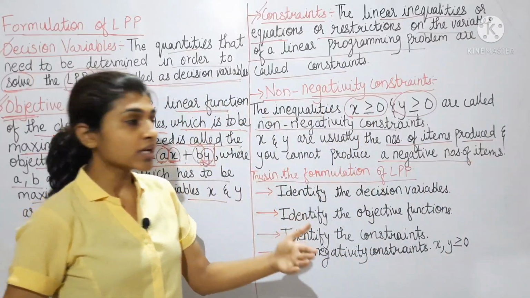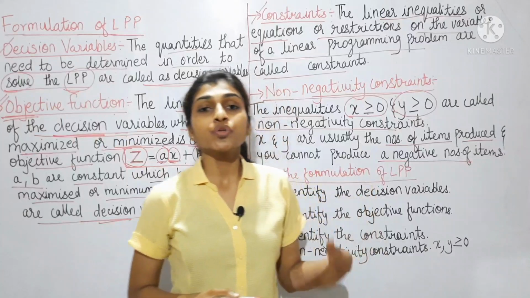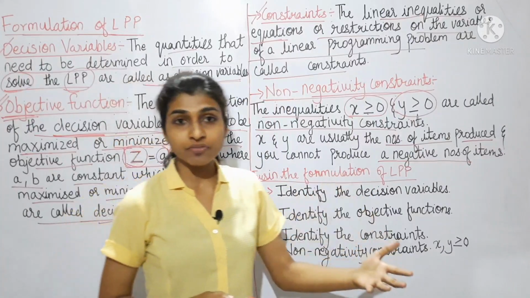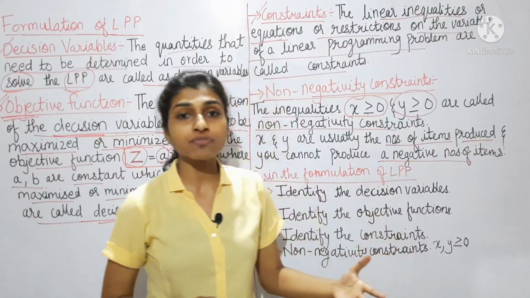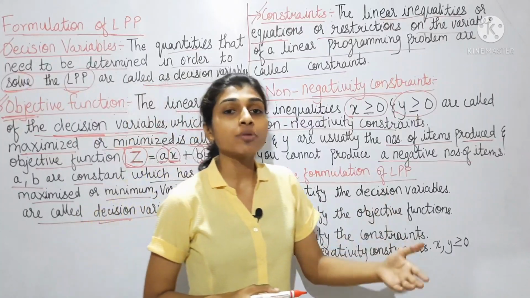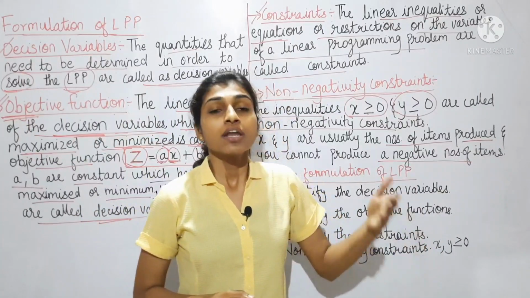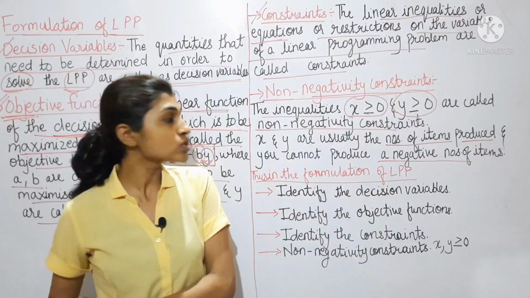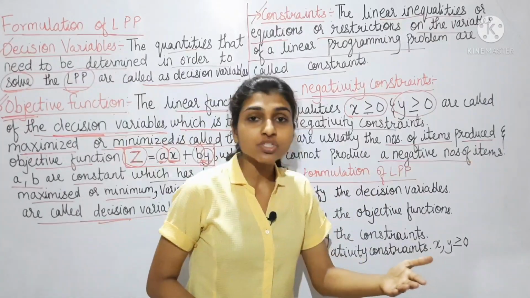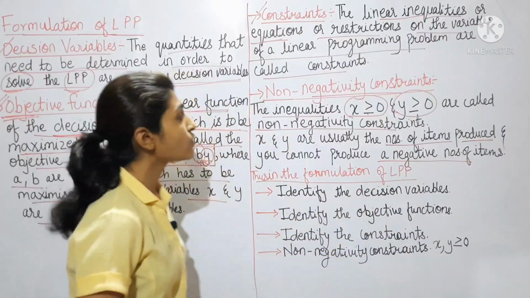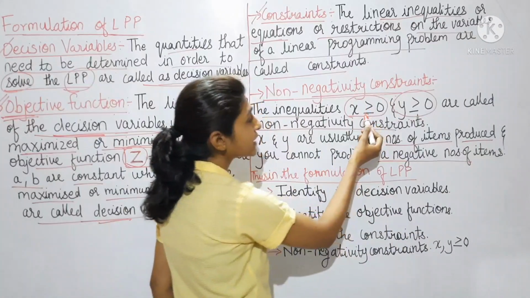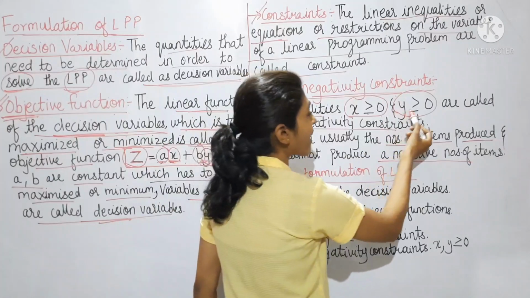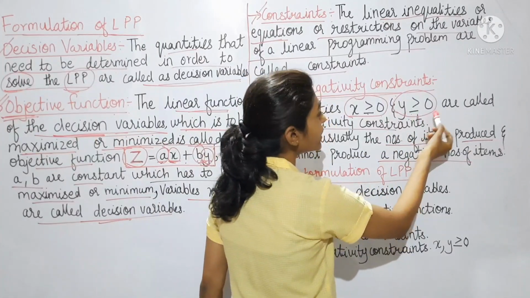So if in a manufacturing process you want to manufacture television or mobile phones, the mobile phones cannot be negative like -1 or -2 and so on. So this production is always positive. That's why x is greater than or equal to 0 and y is greater than or equal to 0.